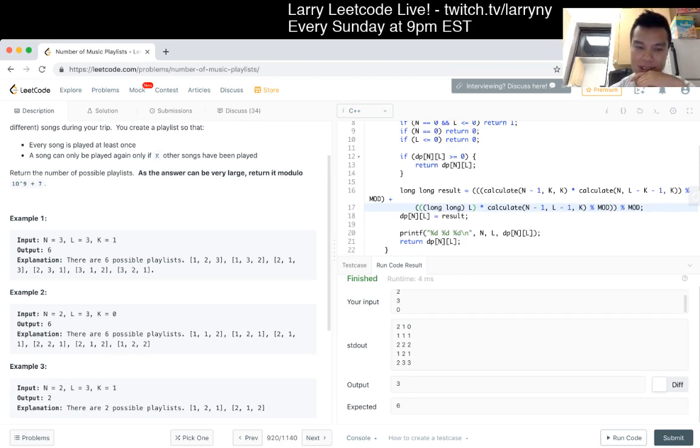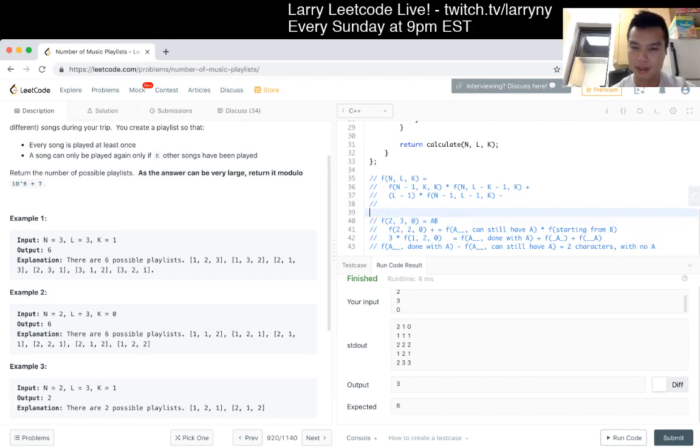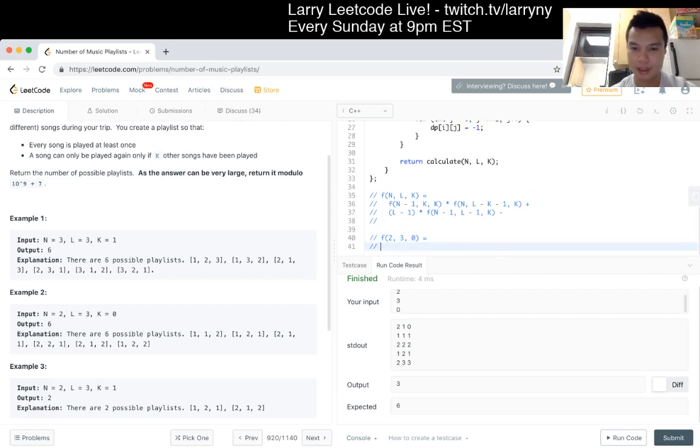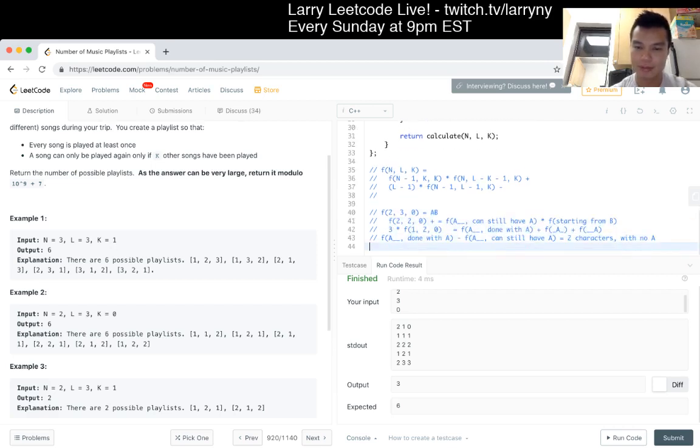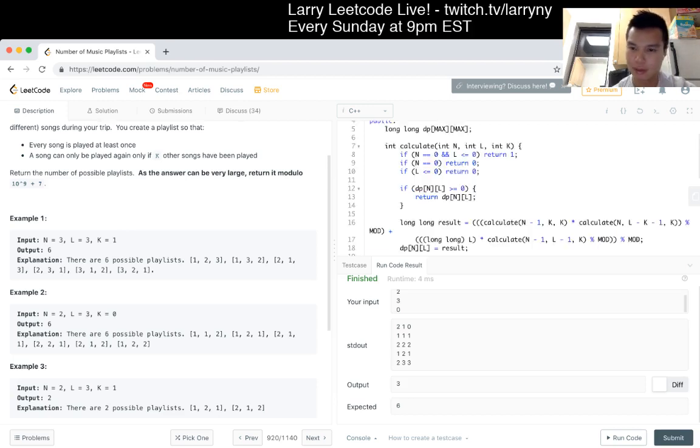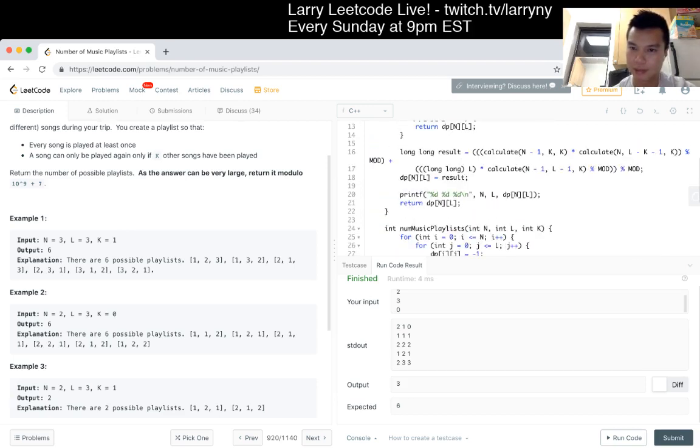So 2, 3, what does that mean? That means first, okay, that means we put the first song and then what does 2, 3 go to?